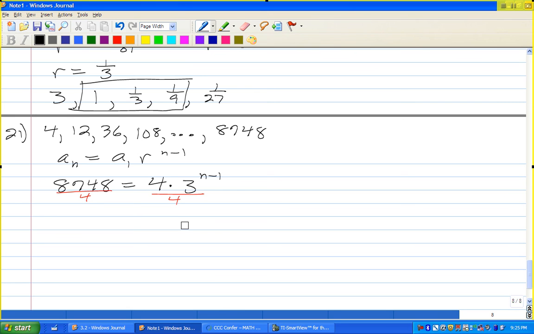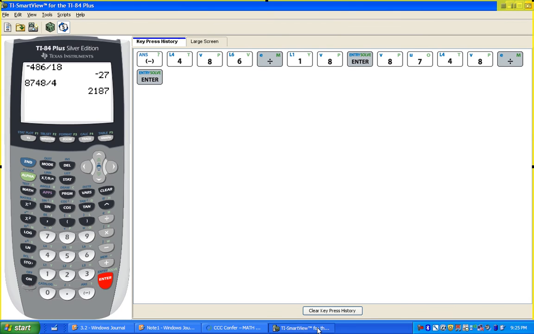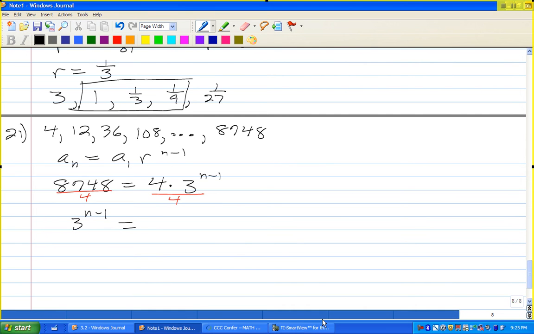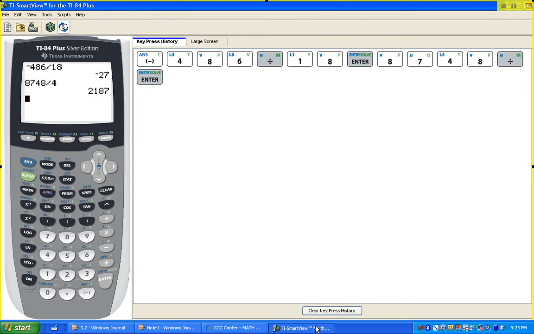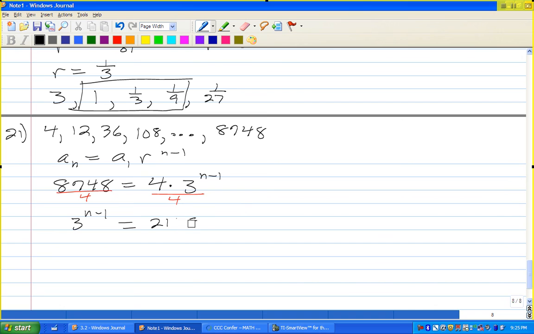2187. And so I have 3 to the power n minus 1 equals 2187. Okay. Let me take ln of both sides of my equation.